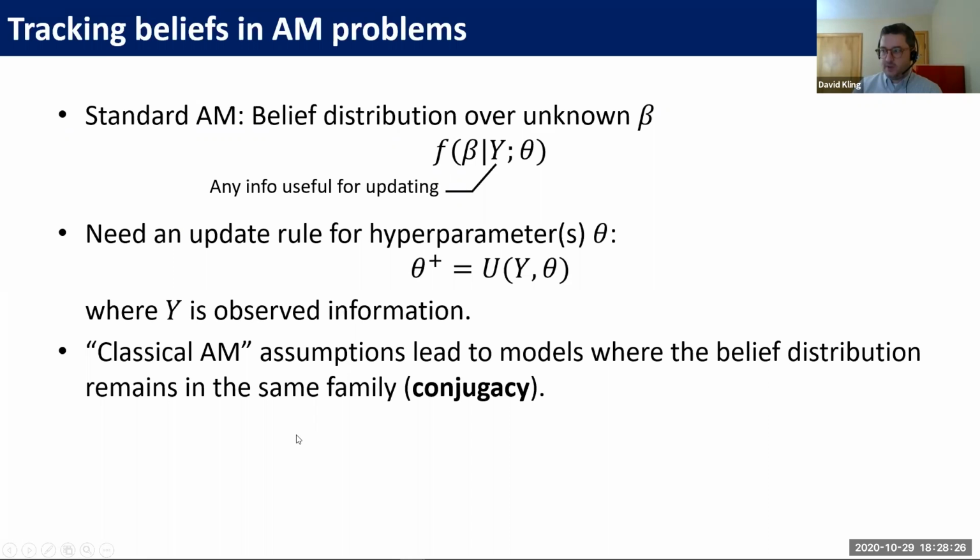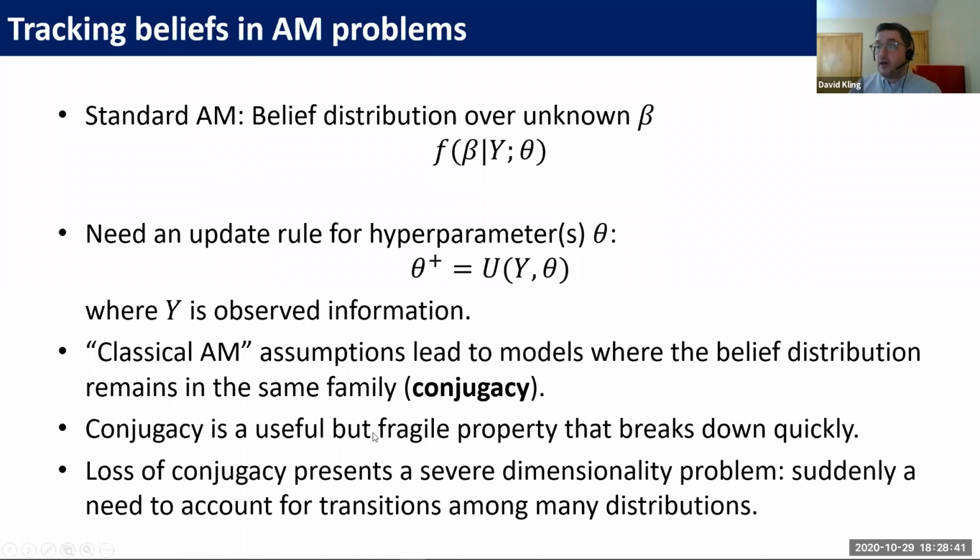AM models use assumptions that lead to conjugacy. So this belief distribution remains in the same family. So you can have closed form update rules for the hyperparameters. Conjugacy is really useful and I highly encourage you, all else being equal, if you have a problem where you think it's reasonable to put together a model that has that property.